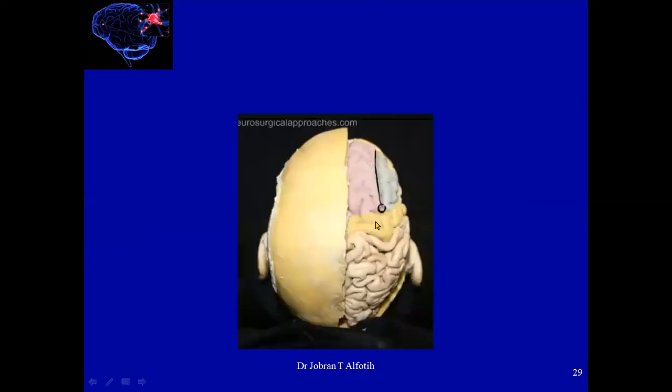As we see here, this is the superior frontal sulcus, and here is the precentral sulcus. So here is the area of the superior side of the thalamus and the lateral ventricle behind the foramen of Monro.